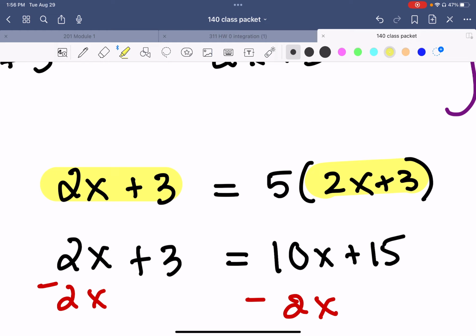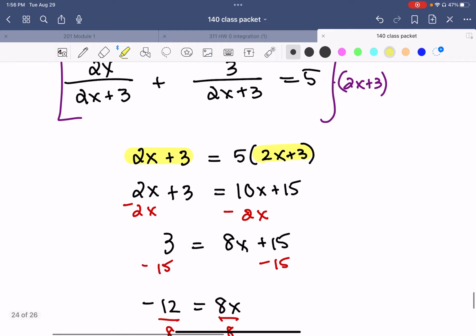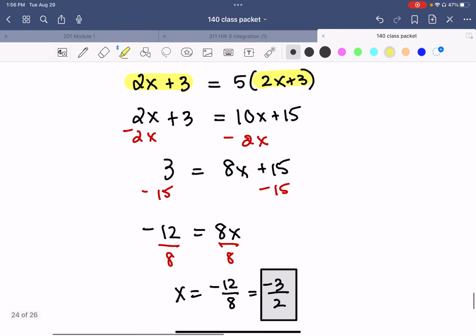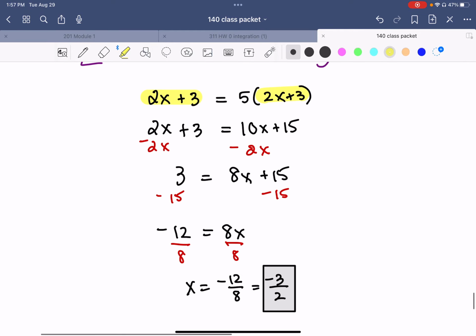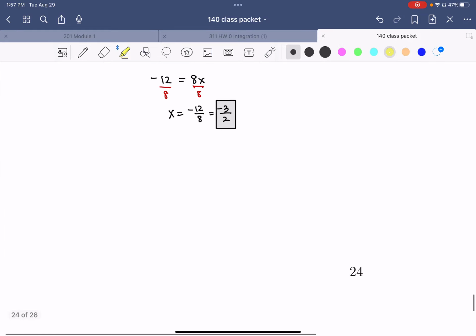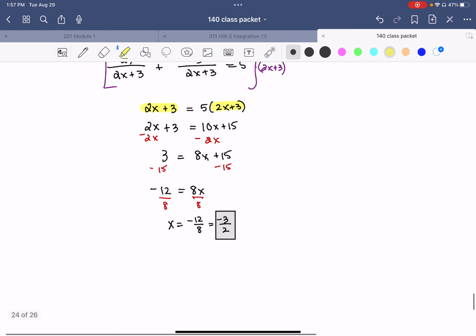And that is because negative 3/2 makes 2x plus 3 equal to 0. And when you're dividing both sides by 2x plus 3, you're potentially dividing by 0. And so that's why it would end up giving you no solution. So you want to avoid dividing. Always distribute and add and subtract. And that's it for our guided practice.